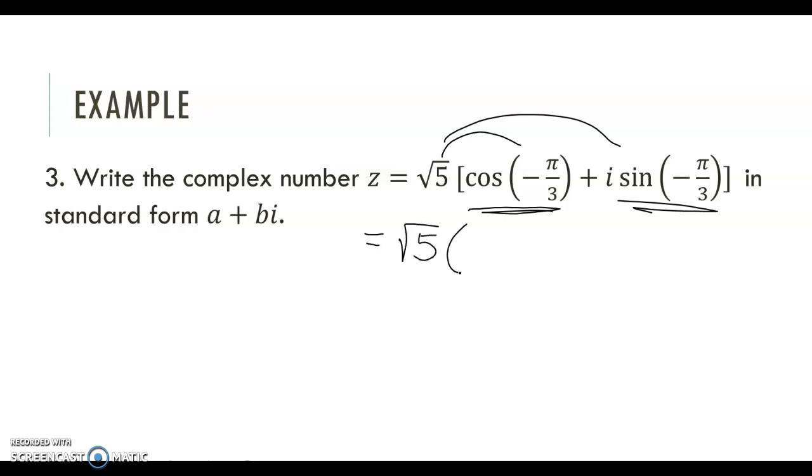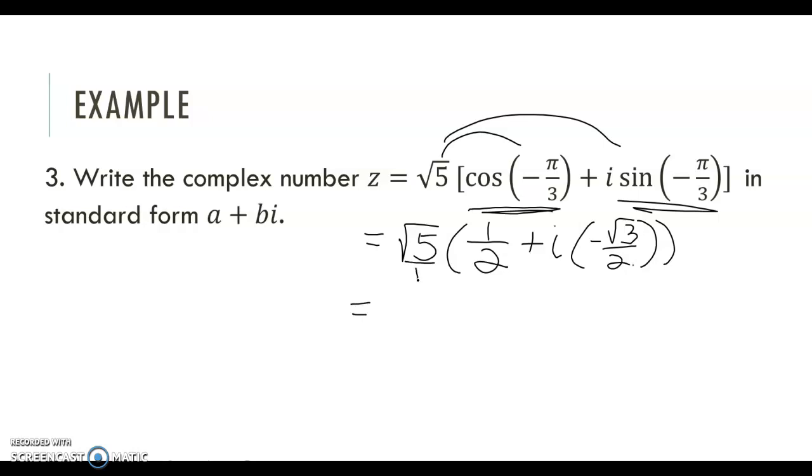So we have square root of 5. Cosine of negative pi over 3 is 1/2 plus i sine of negative pi over 3 is negative square root of 3 over 2. And now we're just going to go ahead and distribute our square root of 5.